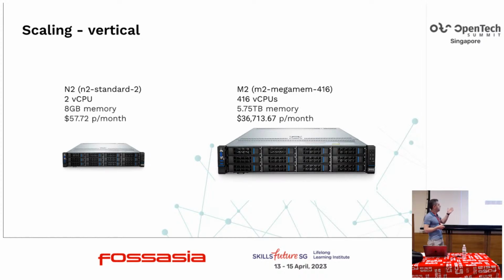If we start with a small instance with, let's say, 8 gigabytes of memory, that will serve for a while. As soon as our database outgrows it and the working set no longer fits, we need to increase the instance size, and we can do that up to a certain limit. Vertical scaling cannot go above some physical limitations. For example, in GCP we cannot go above this M2 mega mem 416 instance.